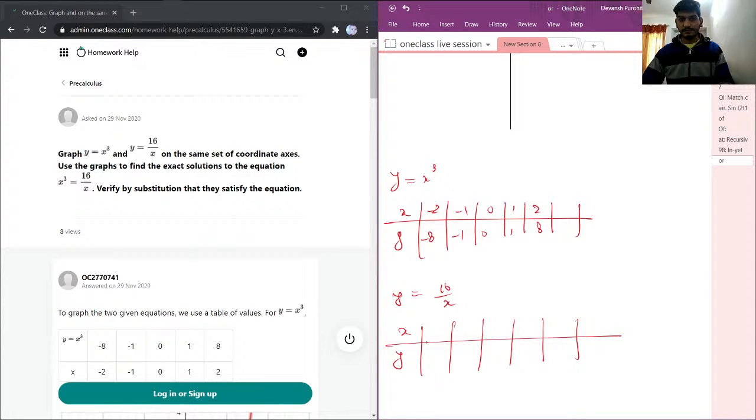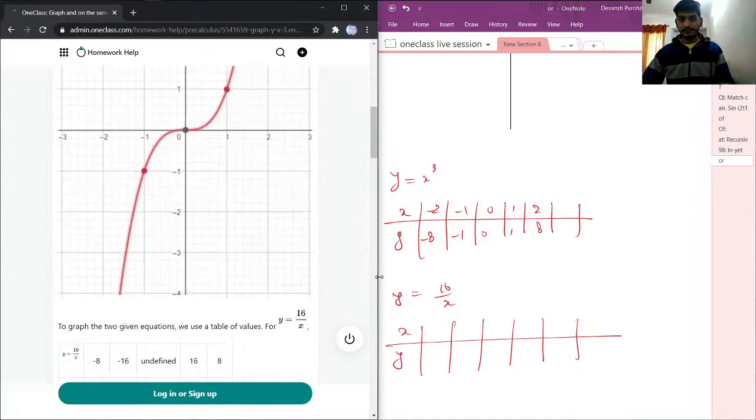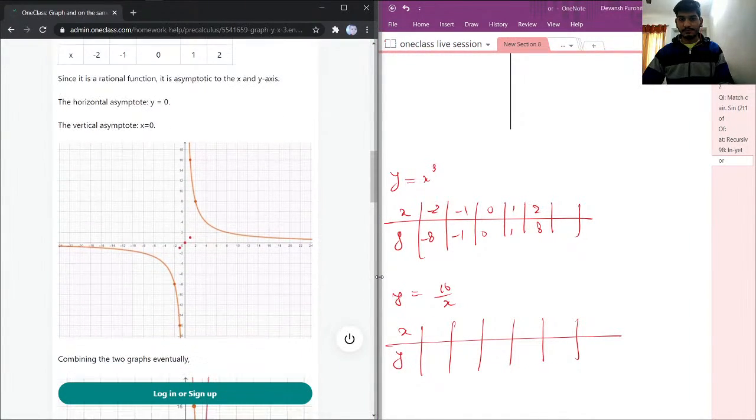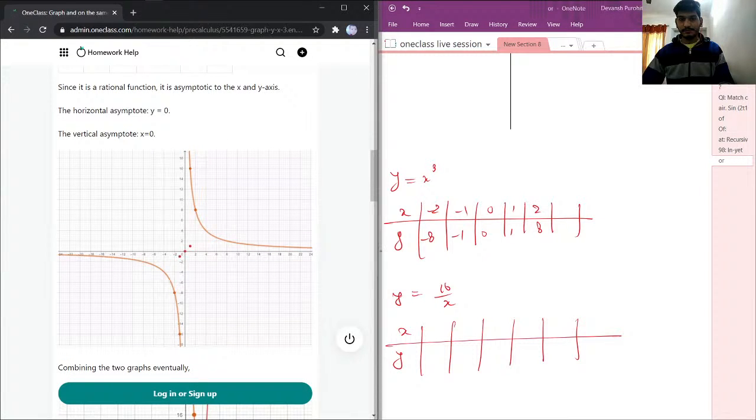So this y equal to 16 over x is going to be discontinuous at x equal to 0. Let's just see, we have made the discontinuity here. Okay, so this is the curve of, I think this is a hyperbola.